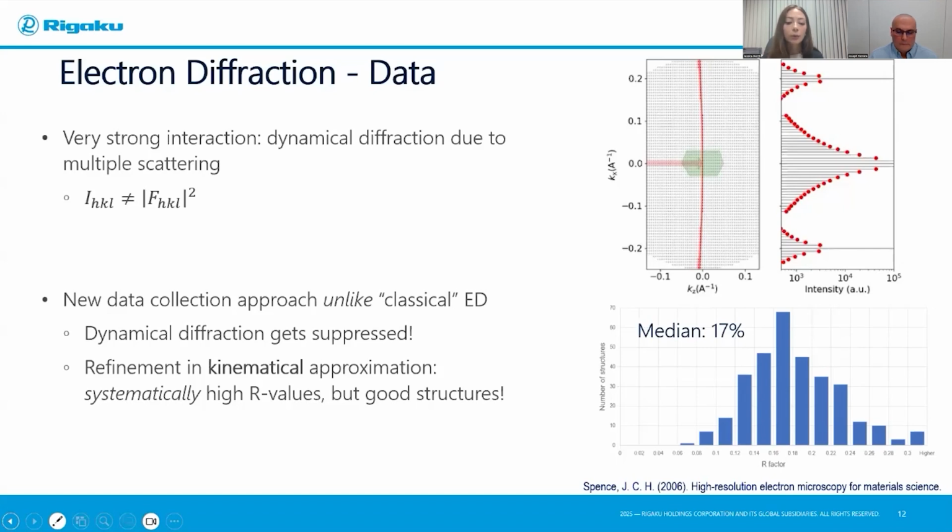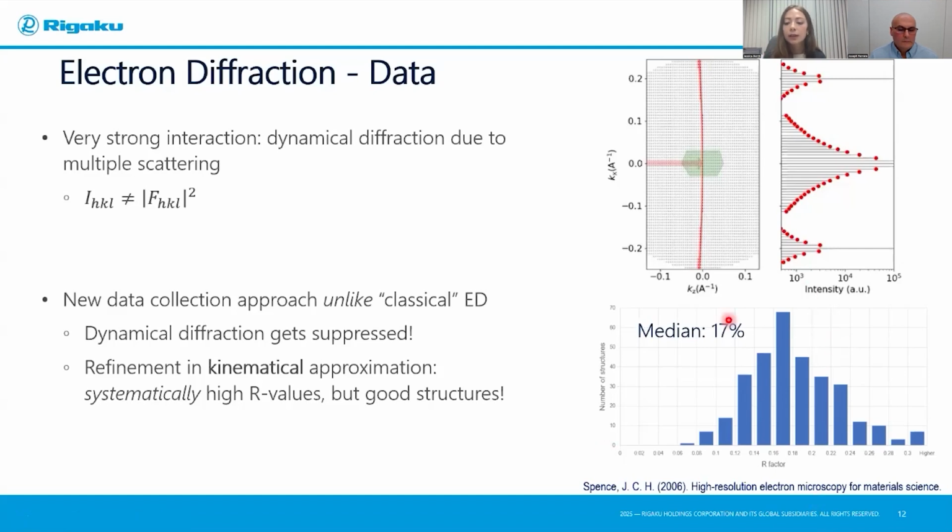And so what we wind up with is that we are able to perform these kinematical structural solutions and kinematical refinements. We do have systematically high R values when you compare that to single crystal X-ray diffraction.